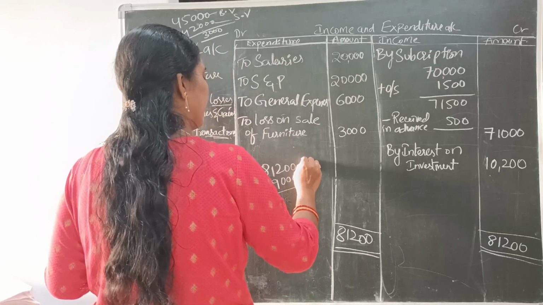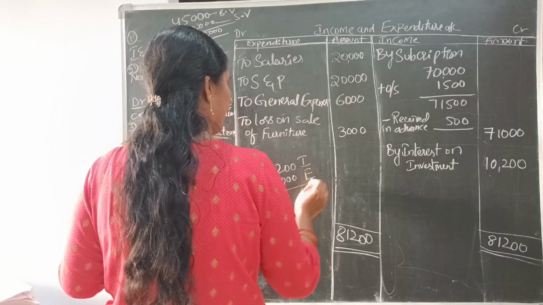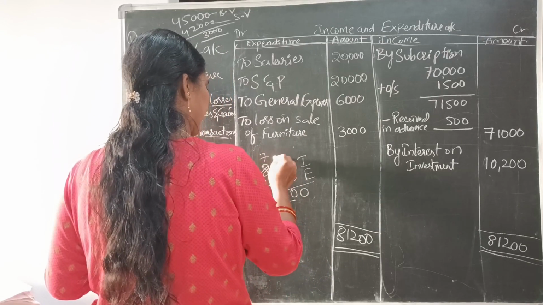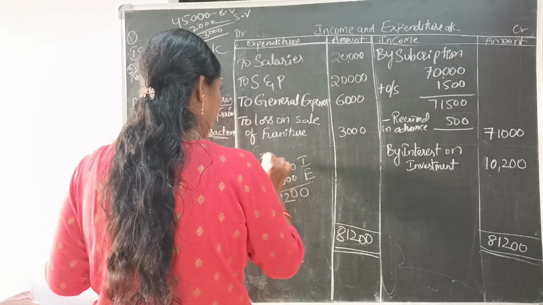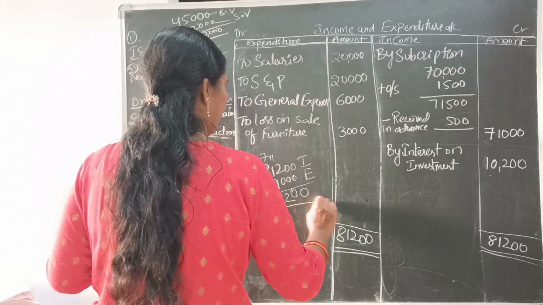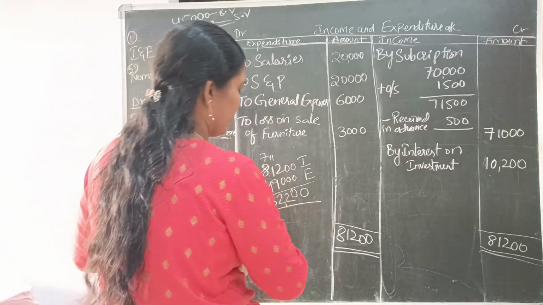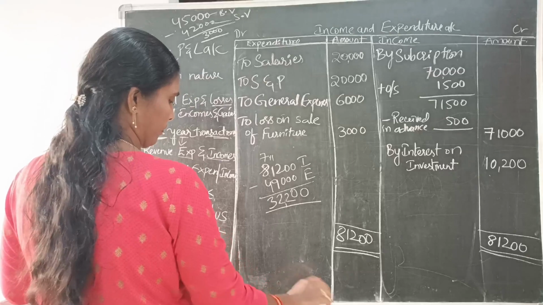From income we are deducting expenditure. So the result is 32,200, and this 32,200 is the surplus.